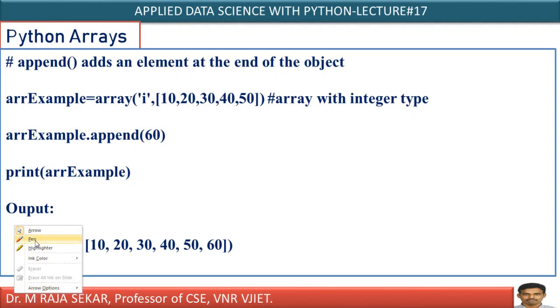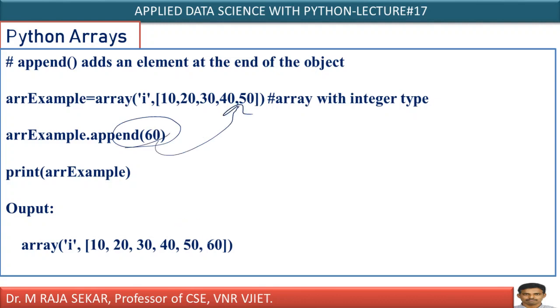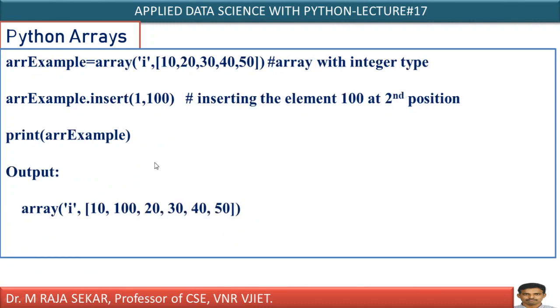The append function we discussed for previous data types also. Append of 60 means this 60 will be added at the end of this particular array. A single element can be added as a single element, so that 60 will be appended at the end of the array. If you display elements, you will get 10, 20, 30, 40, 50, and now that 60 is appended at the end of the array. Insert function inserts an element.